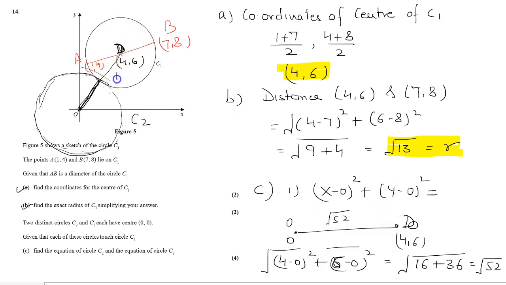The radius of C1 is root 13, so this distance is root 52 minus root 13.